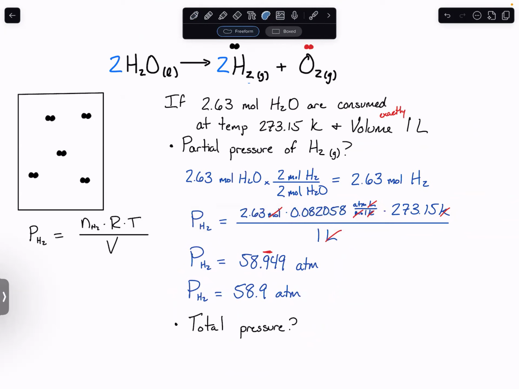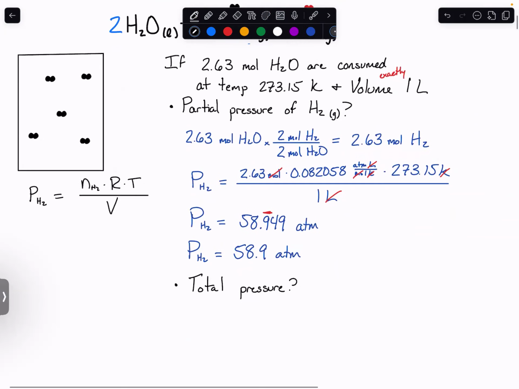All right, so if I want the total pressure now, there's a few different ways that we could go about it. We could figure out what our partial pressure of oxygen is, and then sum our partial pressures together to get our total pressure.